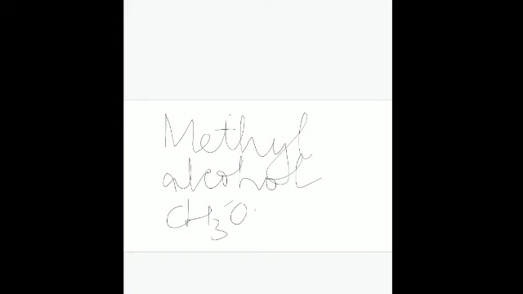This OH group, I have earlier told you, is for alcohols. Then ethyl alcohol is C2H5OH. Is that clear? So you have to learn these formulae, learn all these formulae.